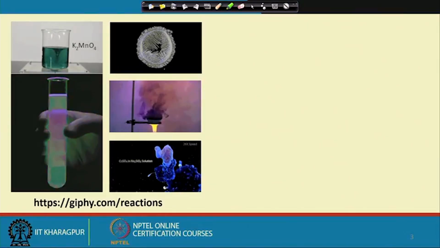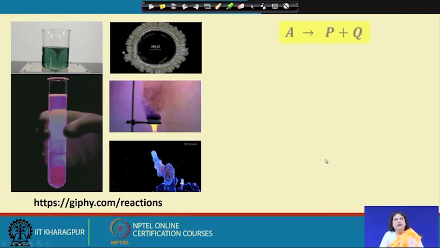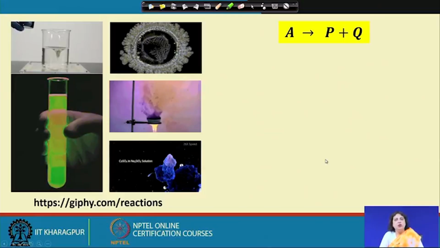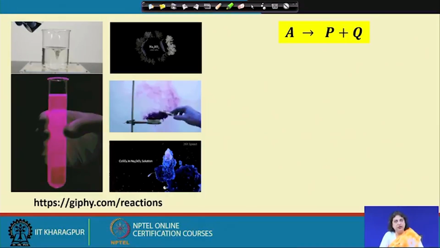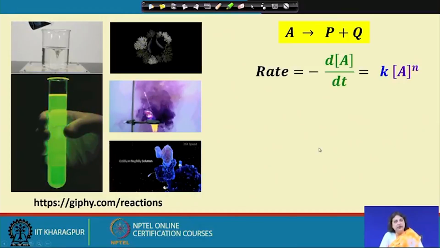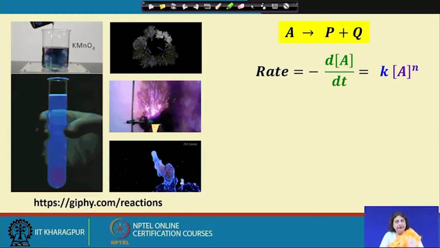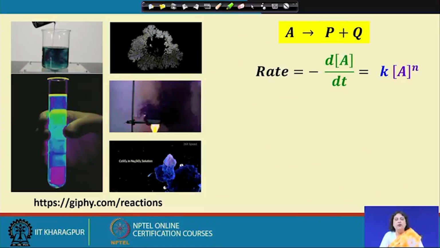Now, if I want to find out the rate of such a chemical reaction, the standard thing to do schematically is you write down a stoichiometric chemical equation as shown here, and then you write the rate of the reaction as the rate at which the reactant A is degrading in time, so that the products P and Q are formed.